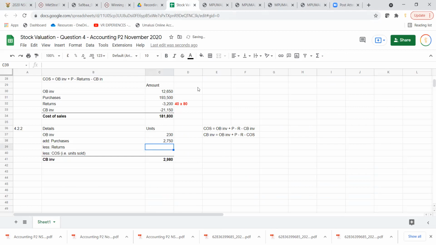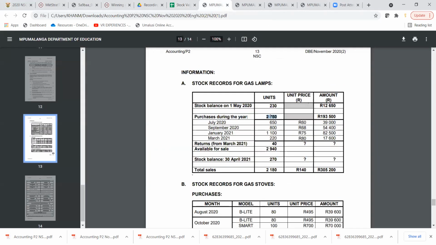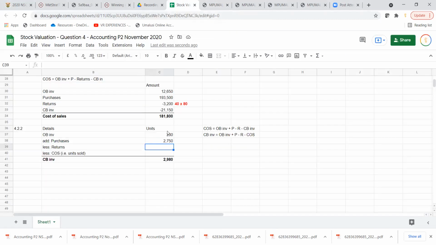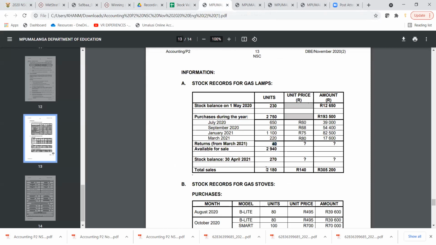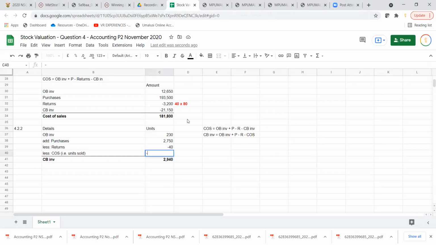How much did we return? We returned 40. So minus 40. Okay. How much did we sell? We sold 2180. So minus 2180.